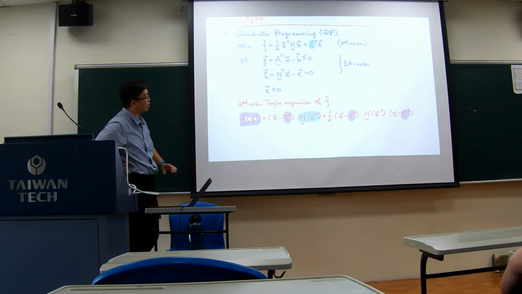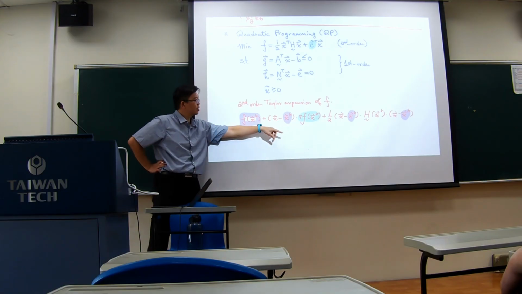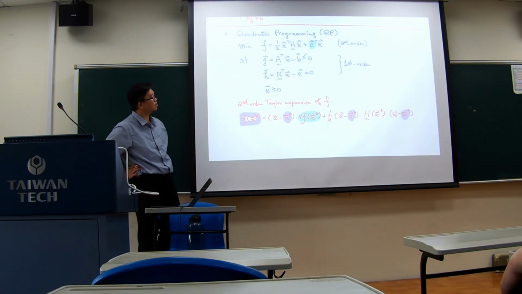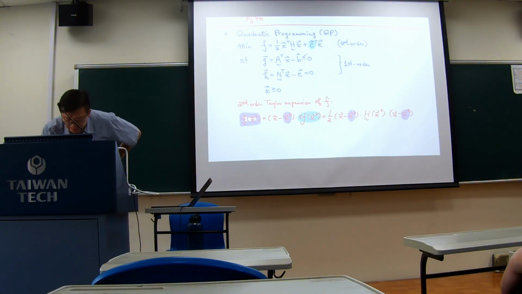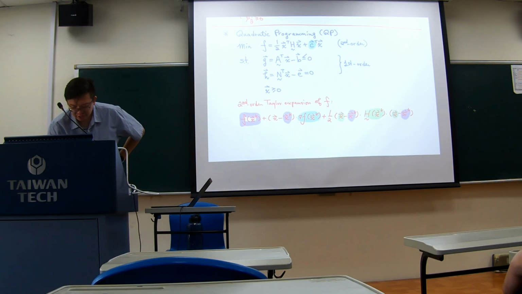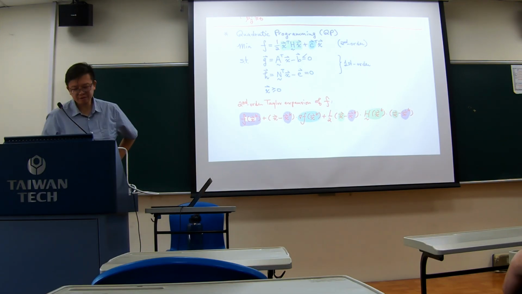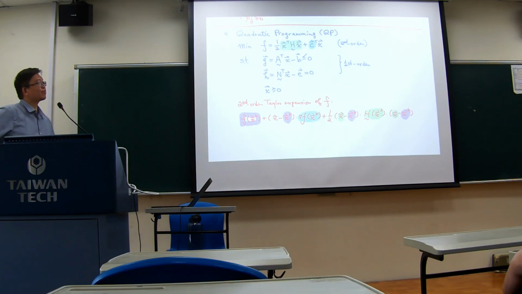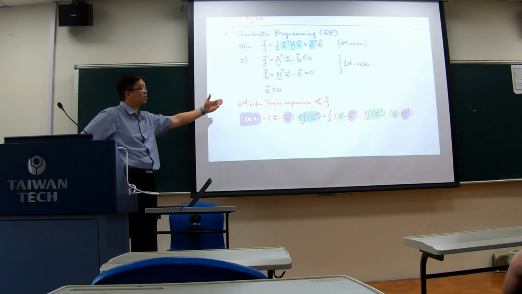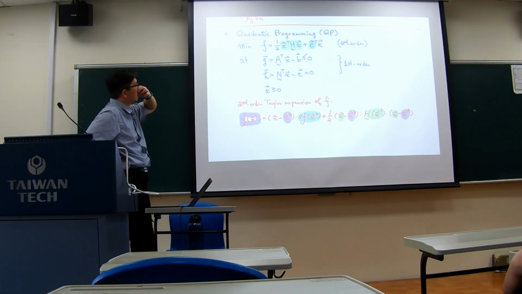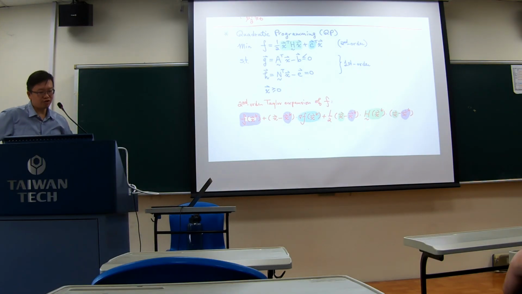You do have a gradient dot product with x, so that's your c. And you also have x dot product with the Hessian dot product with x, so that would be this part, right? So all the constant terms have been neglected. We don't care, but the terms with x have been placed in the objective function.